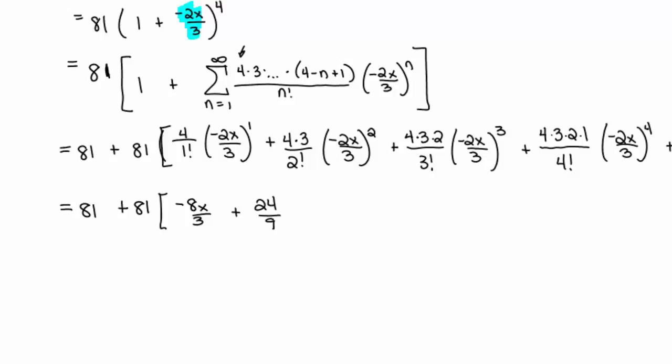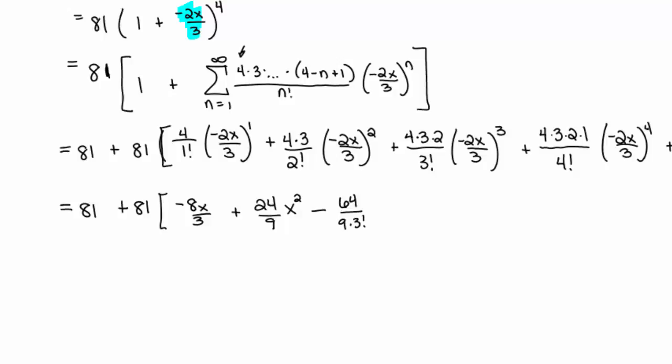And that's, by the way, times x squared. And 16, I'm just doing the math in my head. I should probably pause while I do that, right? And next one is going to be a negative 64 over 9 times 3 factorial.